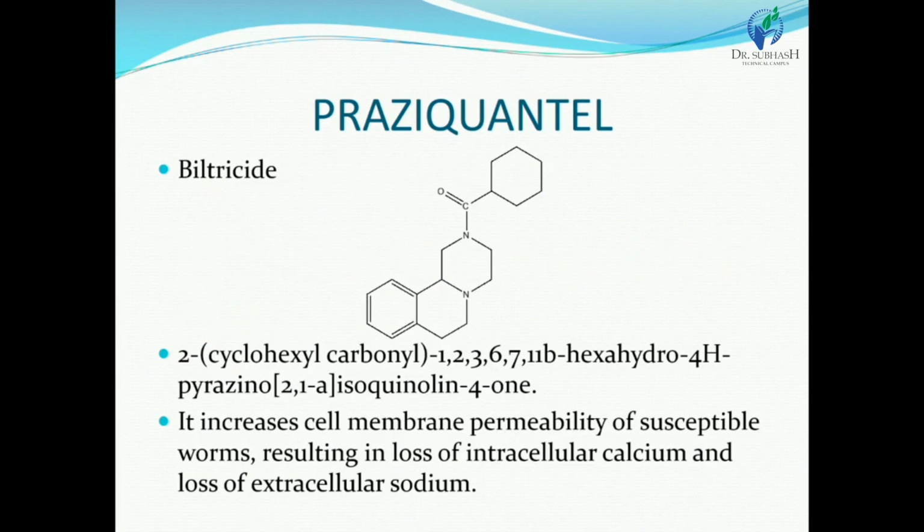Next drug, that is praziquantel, that is Biltricide. It is 2-cyclohexylcarbonyl-1,2,3,6,7,11b-hexahydro-4H-pyrazino[2,1-a]isoquinolin-4-one. It increases cell membrane permeability of the susceptible worms, resulting in loss of intracellular calcium and loss of extracellular sodium.